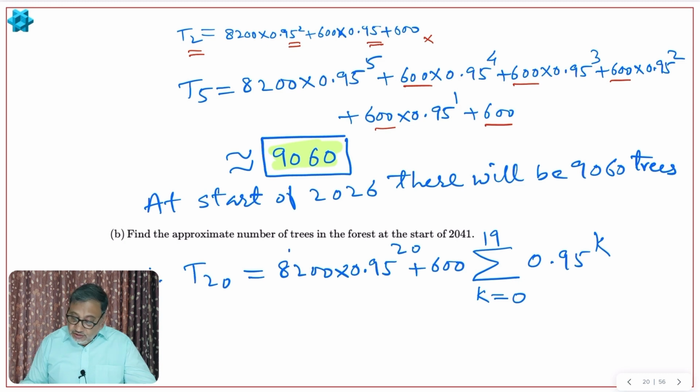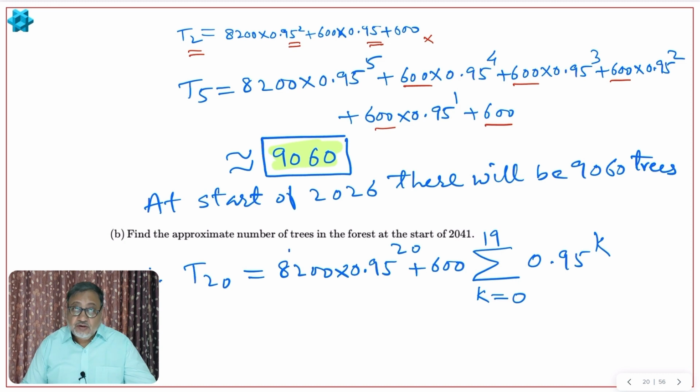Okay then. So first I will put this 8200 times 0.95 to the power 20. One minute. Let me delete everything. 8200 into 0.95 to the power 20, right, plus 600 into the sigma notation 0.95 to the power x.